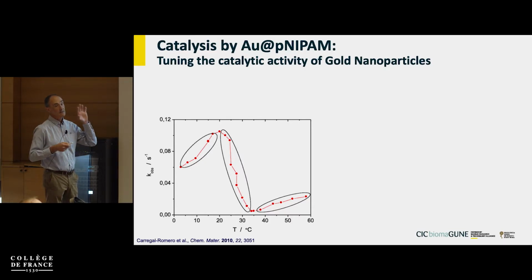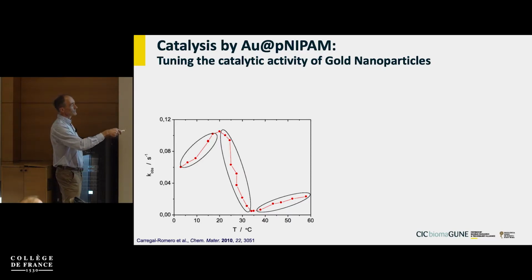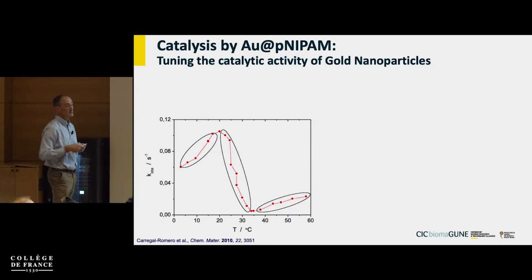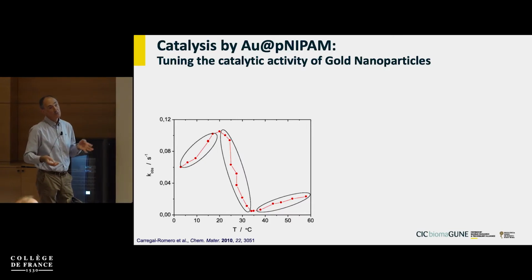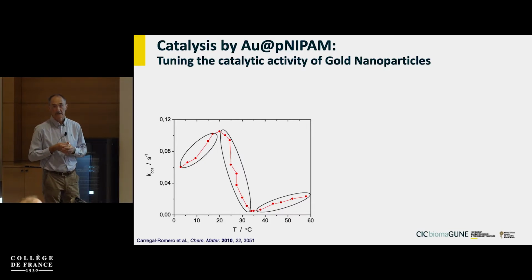So this is now diffusion limited kinetics. And then we have an already fully collapsed shell. And then again, by increasing the temperature, Arrhenius is dominating again. And even though the diffusion is low, the reaction is faster at higher temperatures.